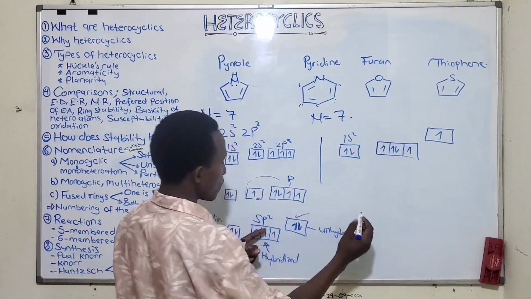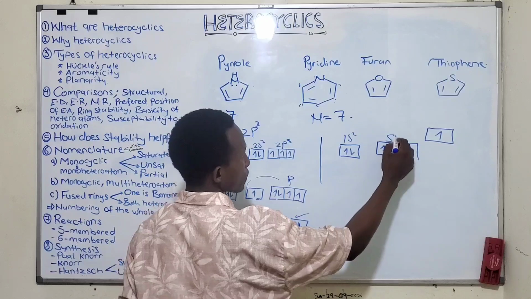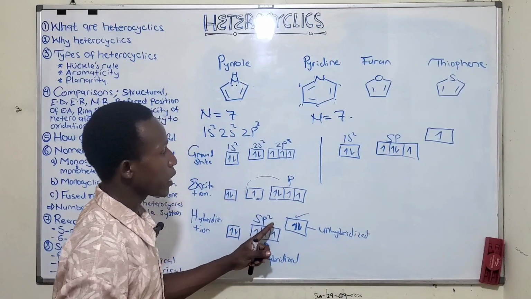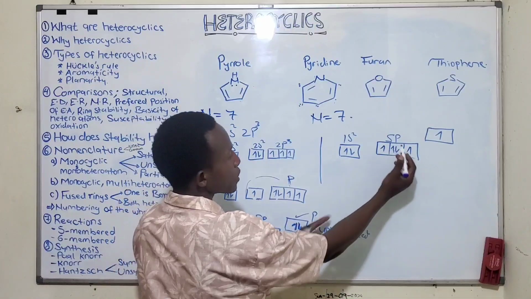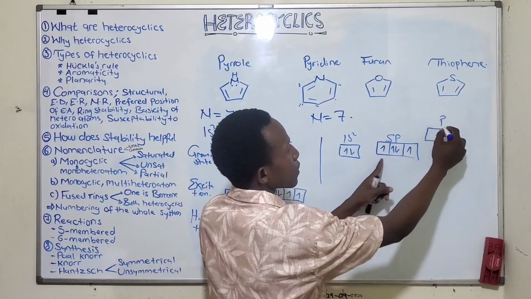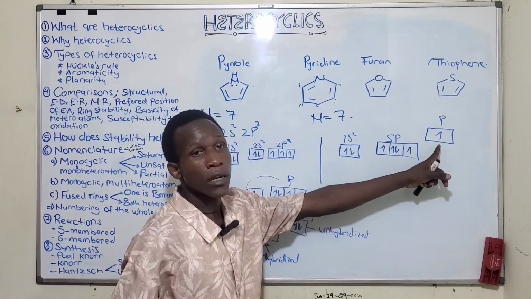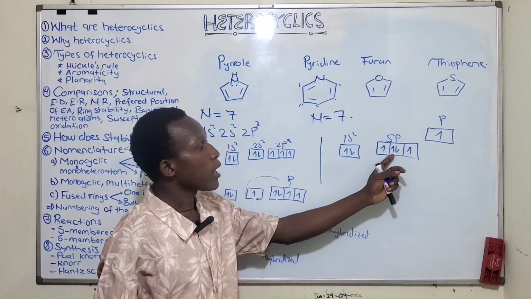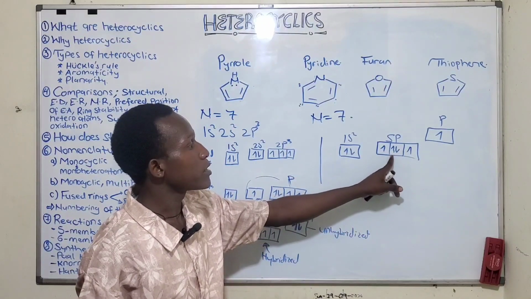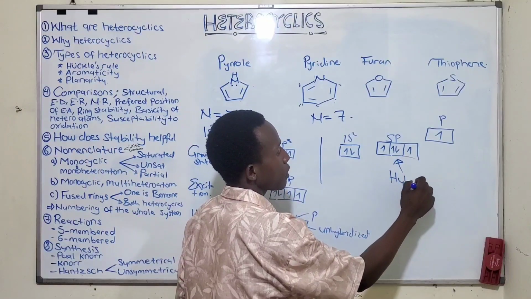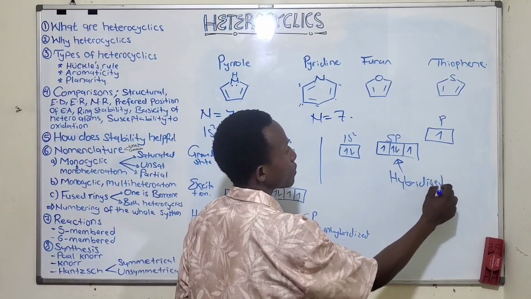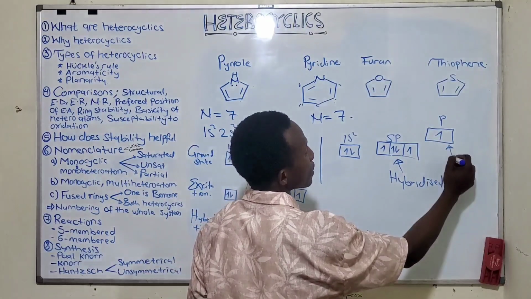So this is the sp orbital, the hybridized orbital, and this is the unhybridized p. In p we have only 1 electron. The lone pair is also hybridized; it is in sp.